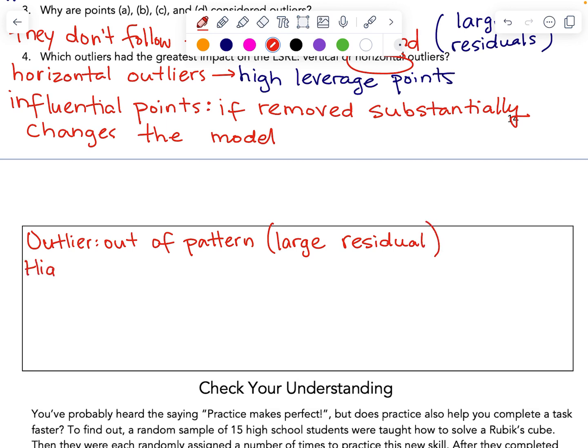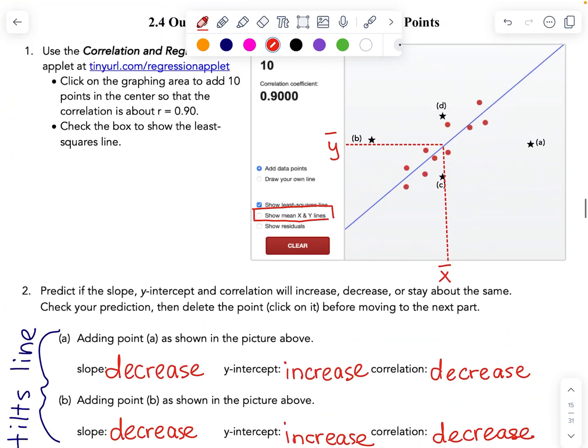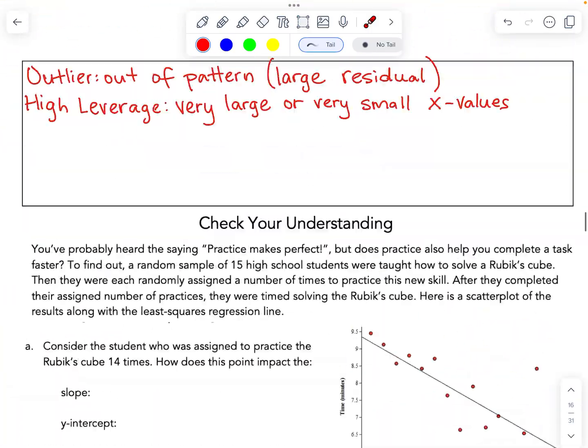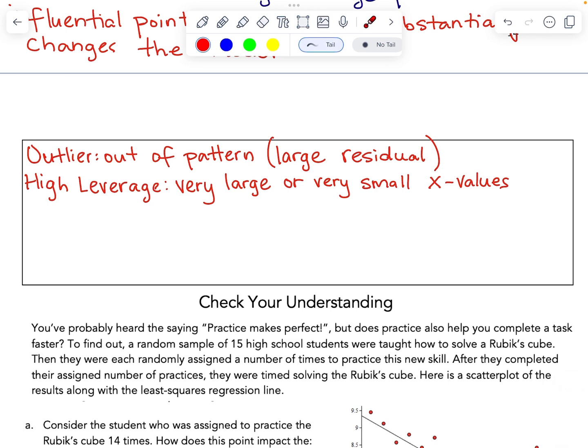What about this other word we saw, which was the idea of being high leverage? These are points with very large or very small x values. So that was like the points A and B here that had these sort of extreme x values, extreme distances from x bar. We refer to those as high leverage points.